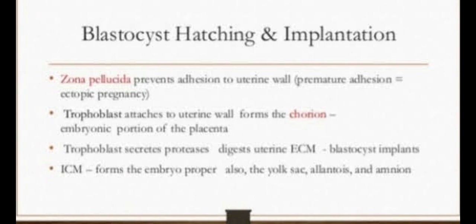If by any means the blastula adheres to the uterine wall prematurely, then the pregnancy is termed as ectopic pregnancy. The trophoblast attaches to the uterine wall and forms the chorion, embryonic portion of the placenta.